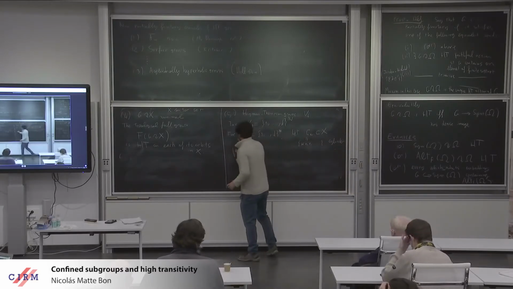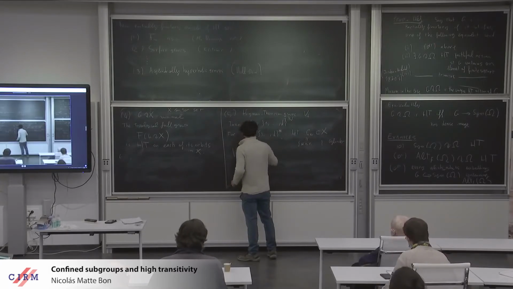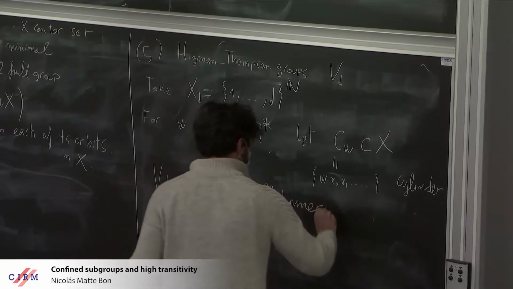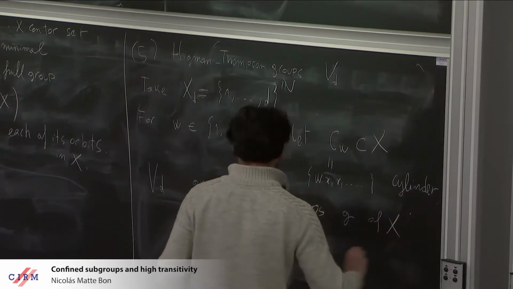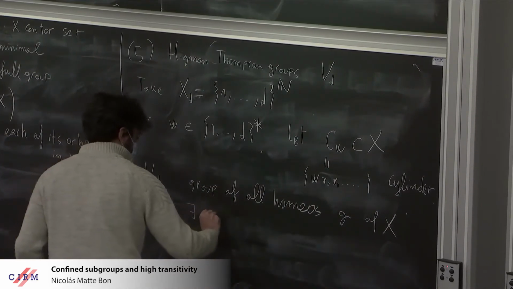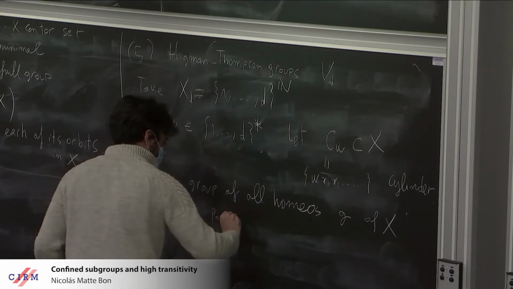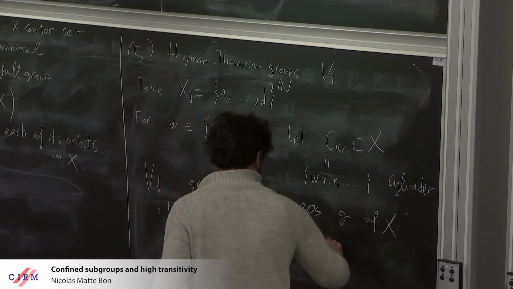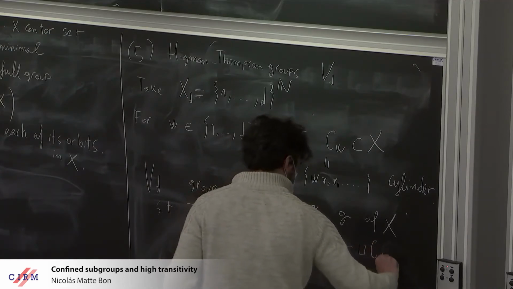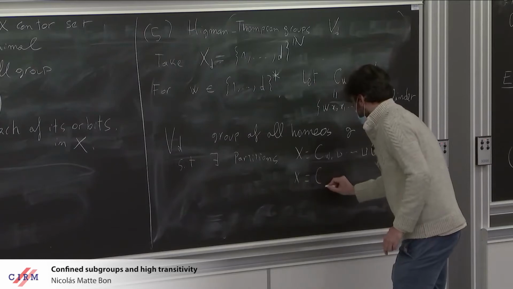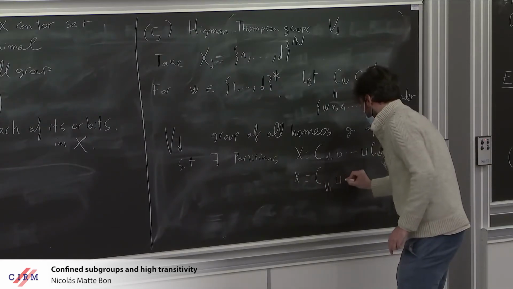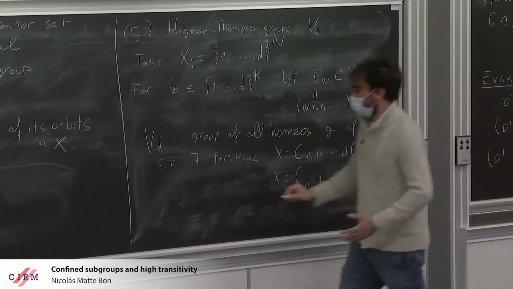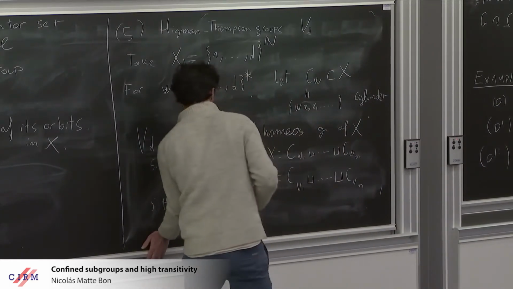So VD is the group of all homeos G of X such that there exist partitions into cylinders X equal C_W1 and X equal C_V1, of the same number of pieces, such that G acts as follows.